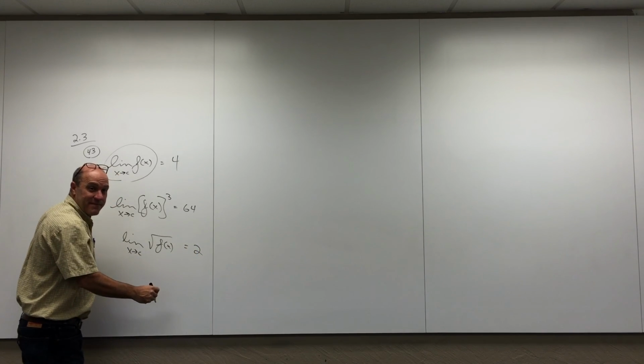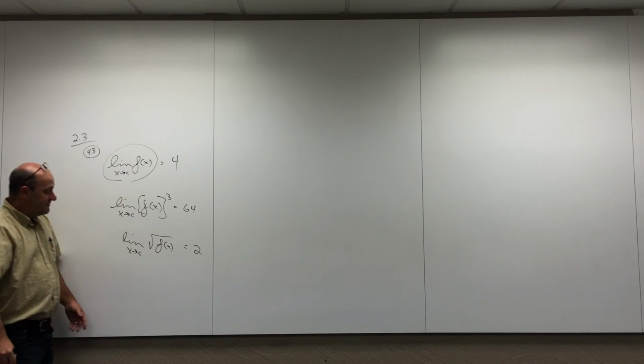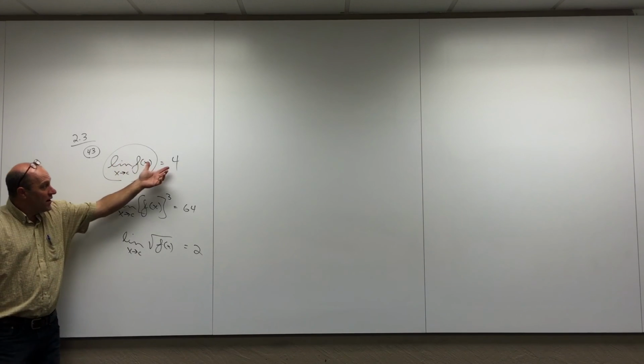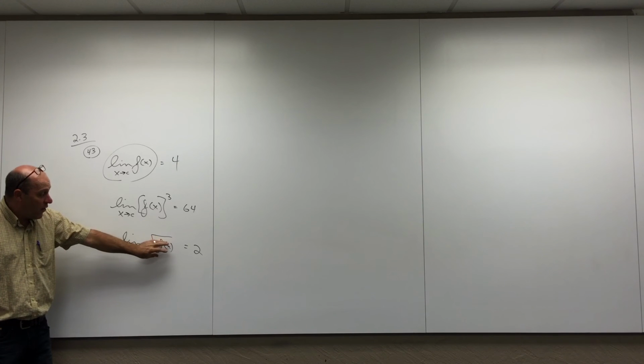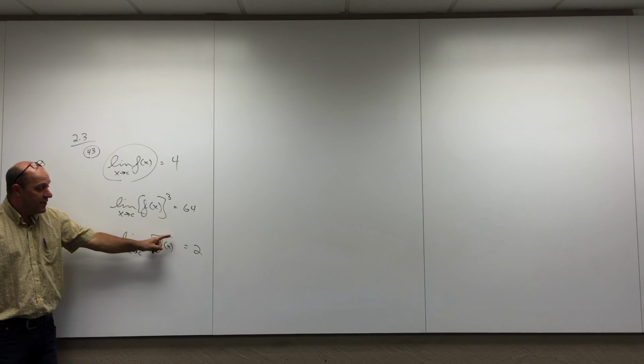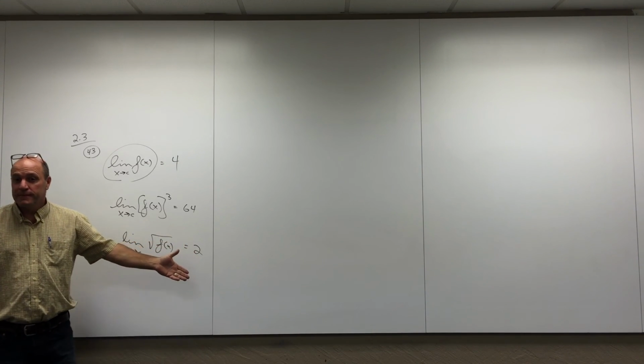How'd you get a 2 again? Because this is a 4 when I plug this in, but it has a square root on it now, so the square root of 4 is 2.